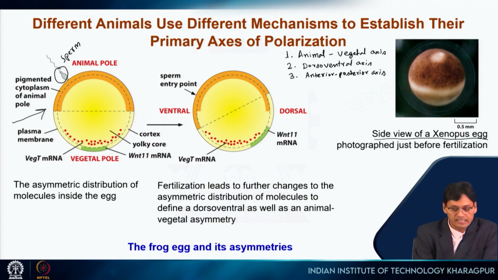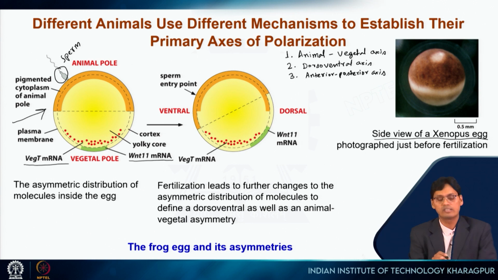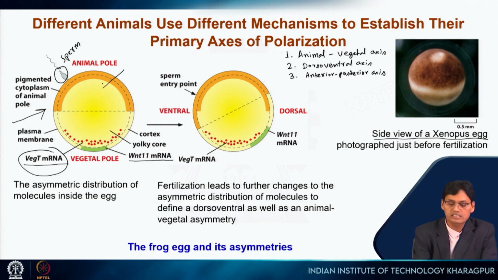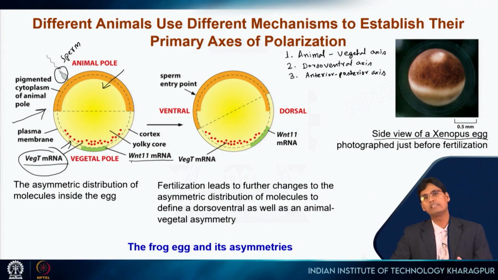As you can see, I am mentioning VegT mRNA and Wnt11 mRNA. There are a lot of such molecules, but those two are very well characterized. This same mRNA is not present on this side, but it is present on the vegetal pole, not in the animal pole. What I am trying to explain is that this information is already present in the egg itself.